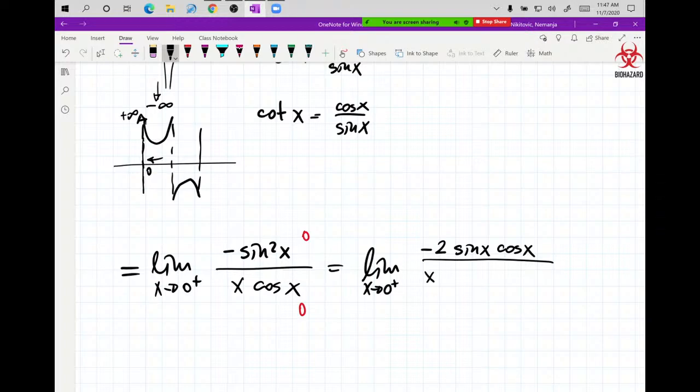So copy the first, derivative of the second, plus copy the second, derivative of the first, which is 1. And now, if you plug in 0, you see that the top goes to 0, this one goes to 0, but this one goes to 1, which gives you 0 divided by 1, and the answer is 0 in this case.